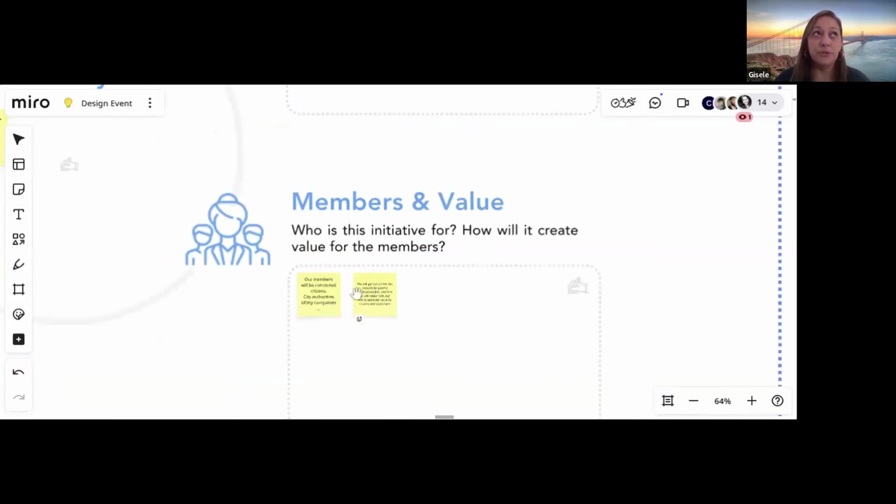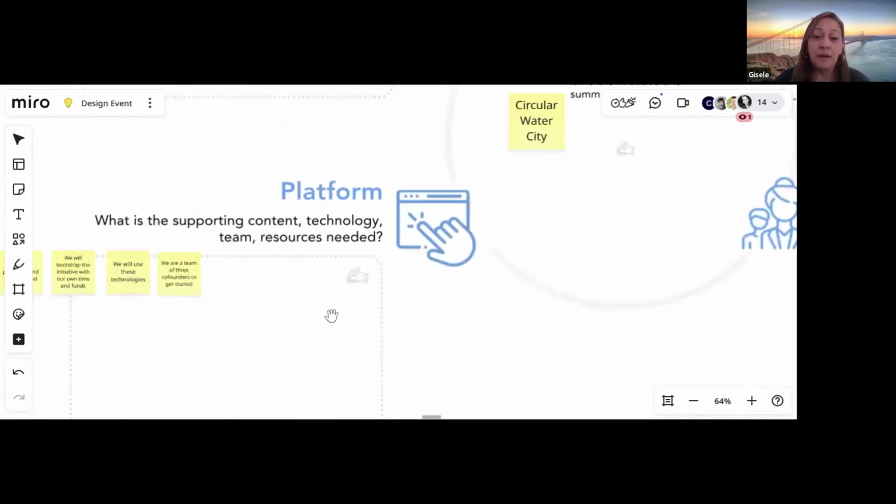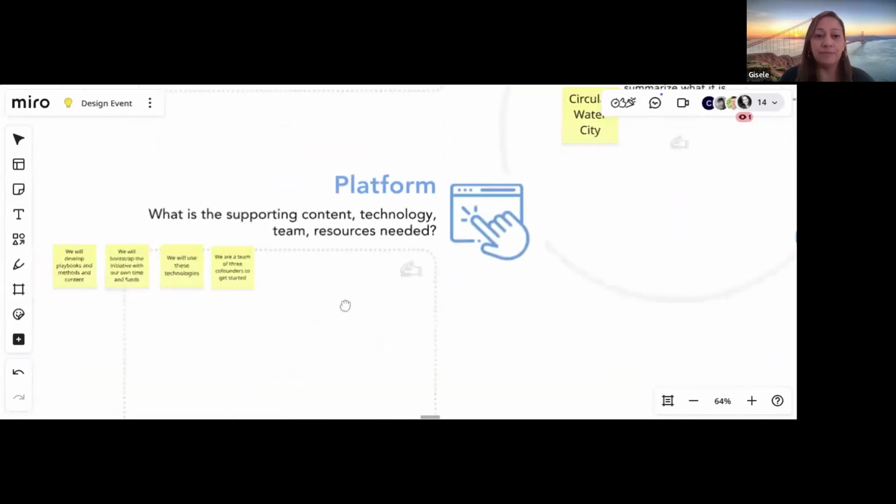Should members get involved in helping to develop it, or are members the final users? And the last one is about platform. Platform is about how the business operates. So what support content, technology, team, or research is needed to sustain our initiative?